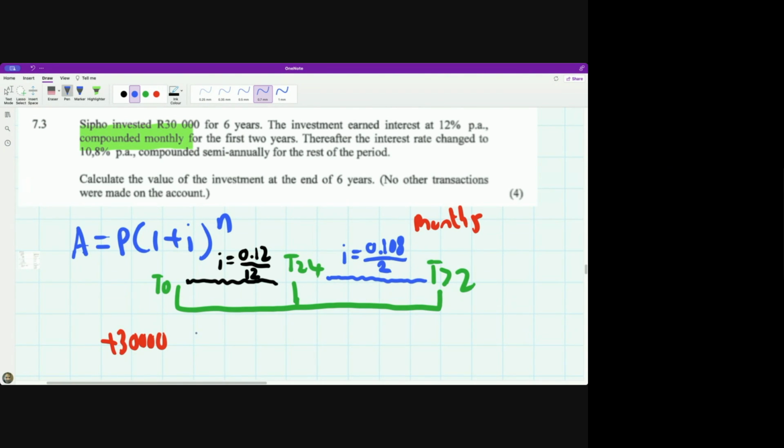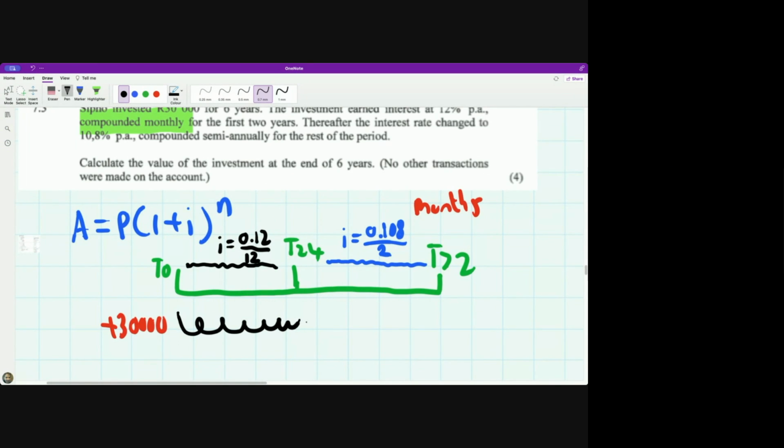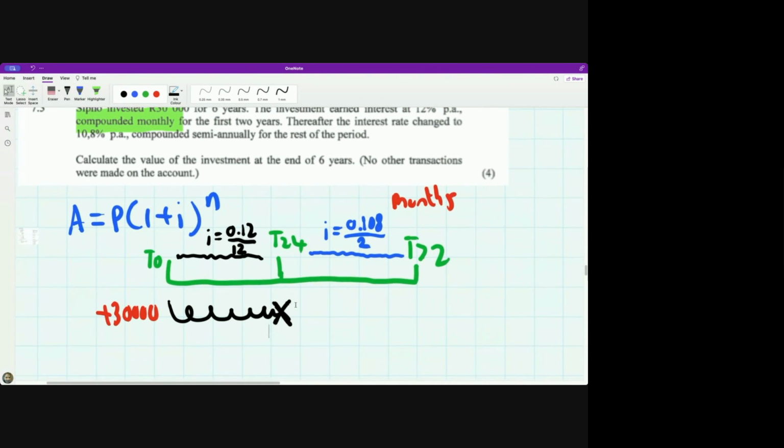It has got to grow from here all the way to there. In fact, let me use black because it's the color I was using. It has to grow all the way to there, and then it has to grow even more. Can you tell me how much money I've got at that point, at T24?